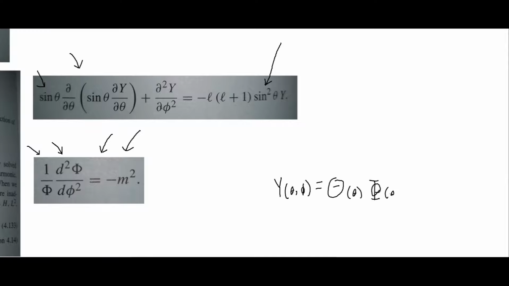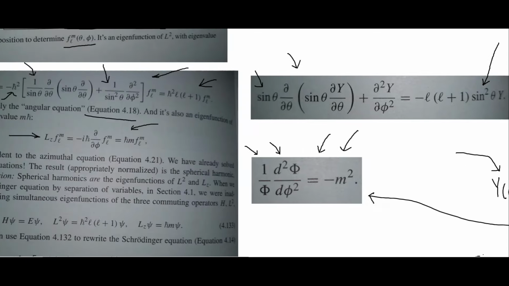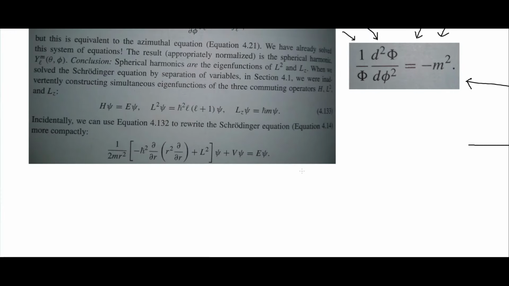That's a function of phi. And so this one up here was our theta, and this one over here was our phi. And so we end up just getting the two equations from the separation of variables that then become the spherical harmonics. And so that, like I said, is pretty much the take-home message of this video.